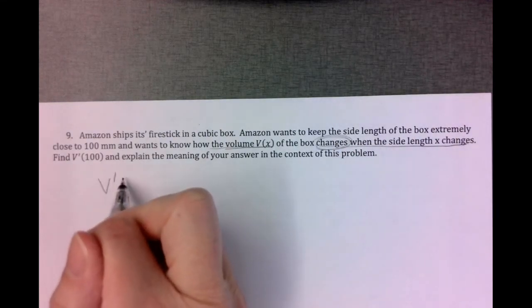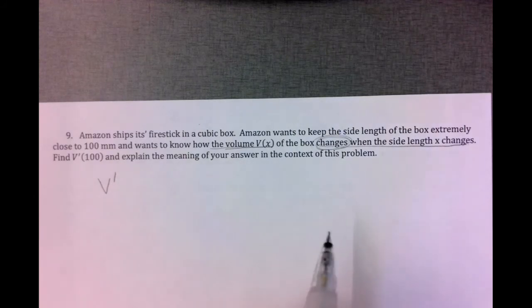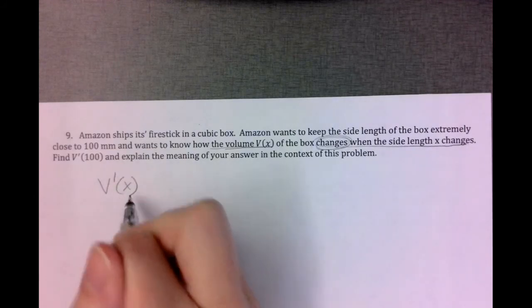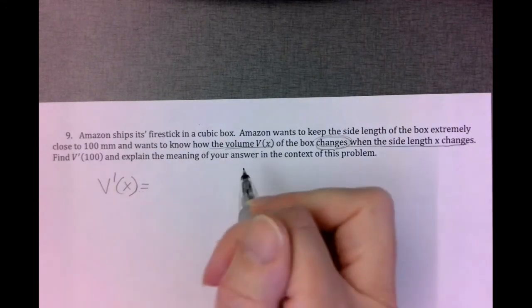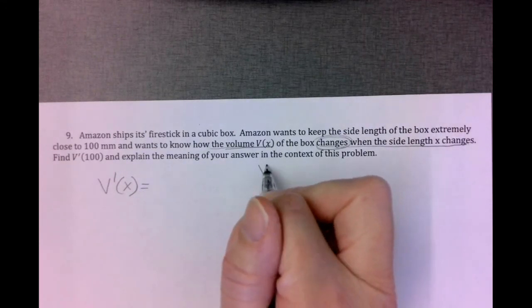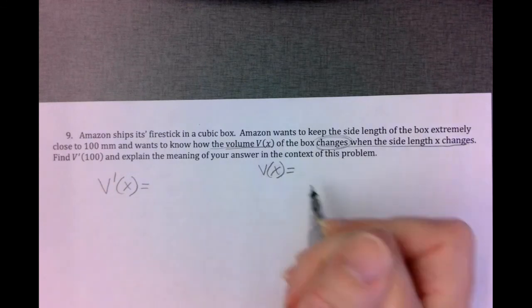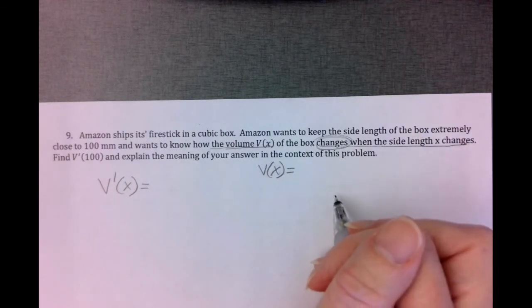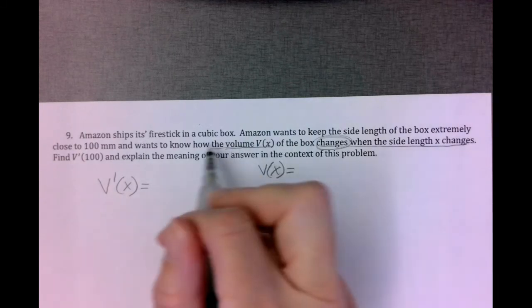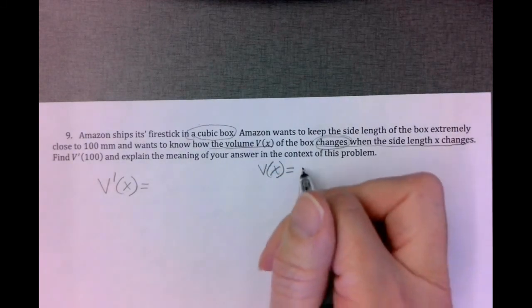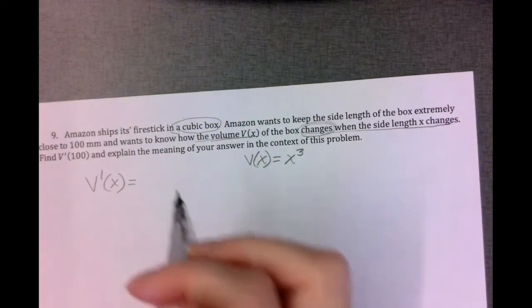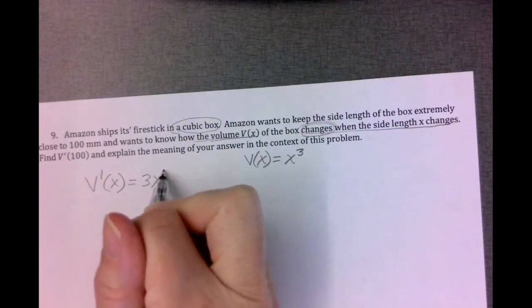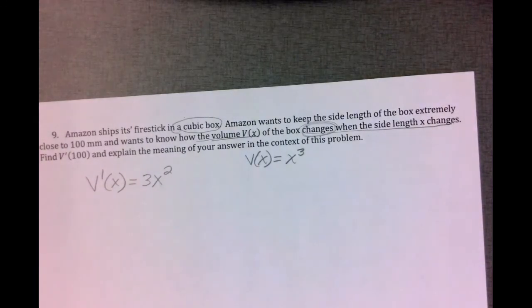Well, since I'm talking about a box, I'm going to go back up and say V of x, the volume in a box. If it's a cube, which it is a cube, based on this, the formula is x cubed. So the V prime, the rate at which it's changing based on its side length, would be 3x squared. Finding V prime at 100 is going to give us 300.